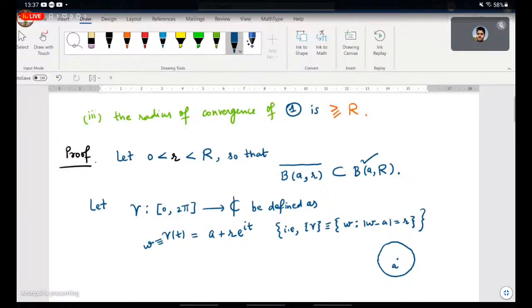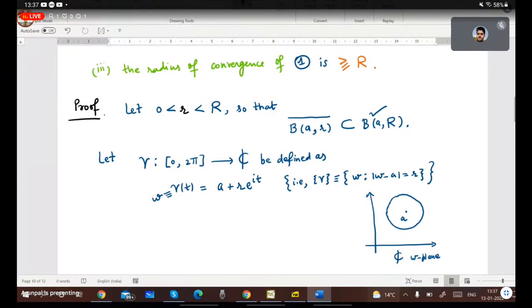Center a, of course, we are somewhere in the complex plane. In fact, you can say that this is the w plane, and this is radius R. And where are the w's? The w's are the points which are exactly on it. These are w, because here we have equality.